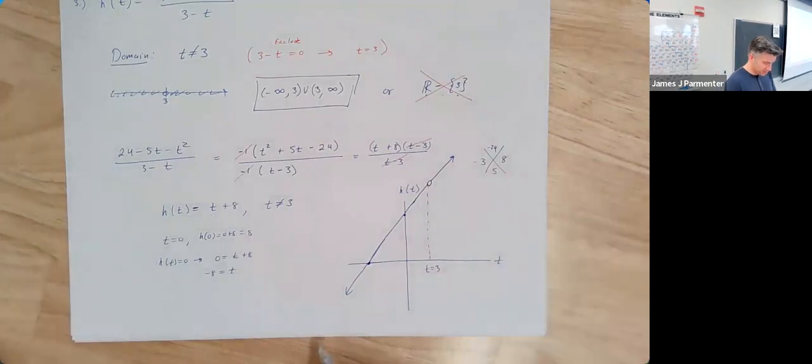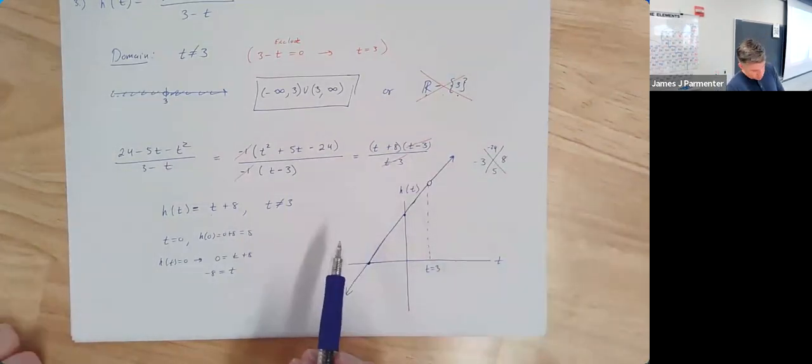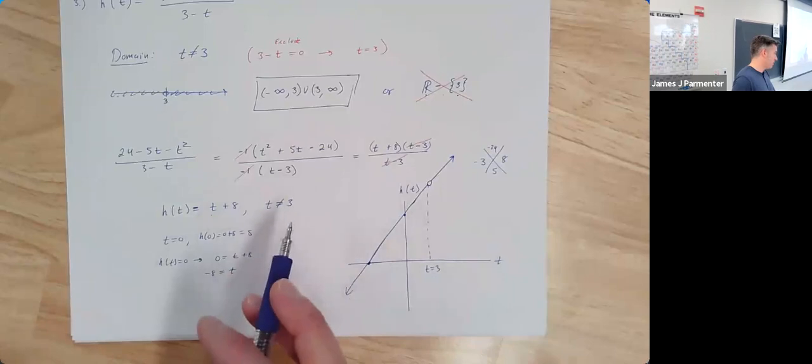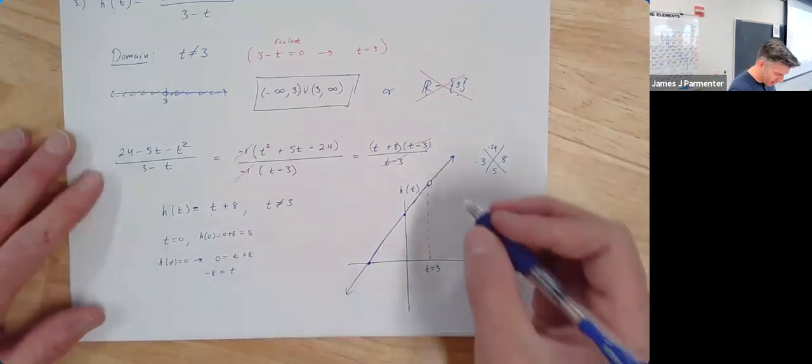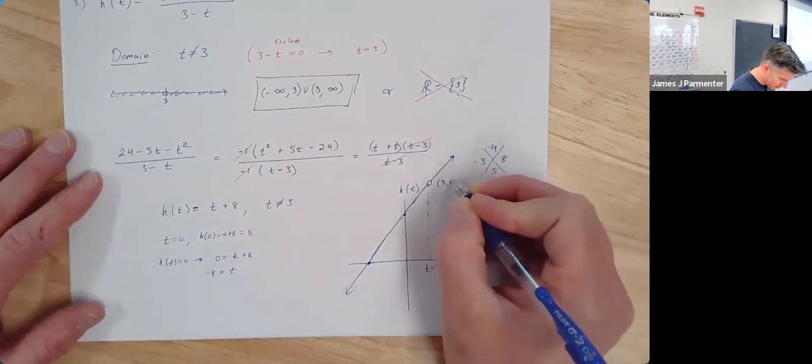If you plugged in t equal to 2.9, you would get h of t equal to 10.9. And if you plugged in t equal to 2 point as many 9s as you want, you would get h equal to 10 point as many 9s as you want. So you're getting really, really close to 11, but you're not actually getting there. So here the range would look like everything but what?